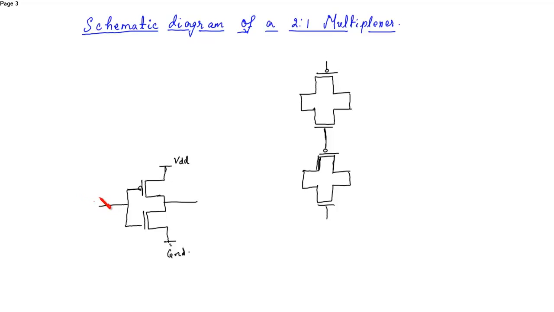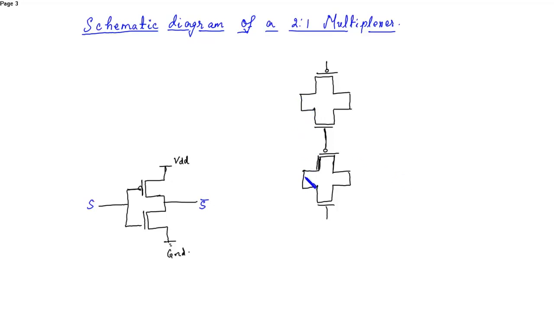So let's say this is S and this is S bar. So here at one point of input, this is the input of transmission gate 1, output of transmission gate 1, input of transmission gate 2, and the output of transmission gate 2.